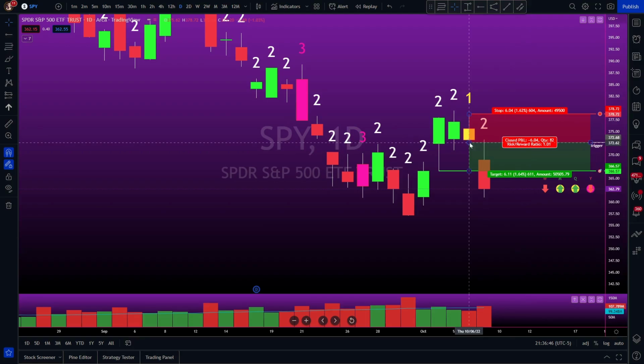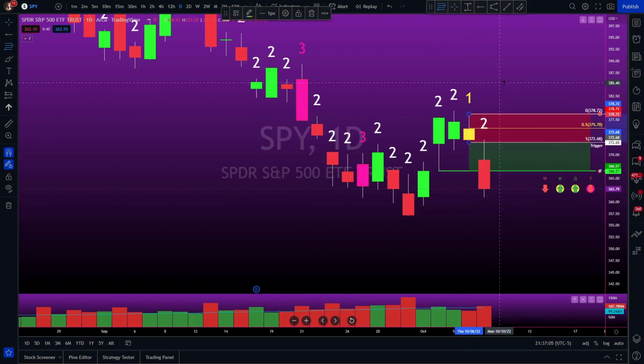So using the full stop, the trend-based stop, if you will, you could buy 82 shares of SPY, okay?